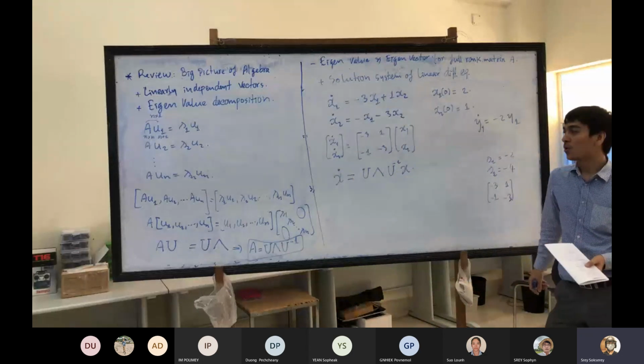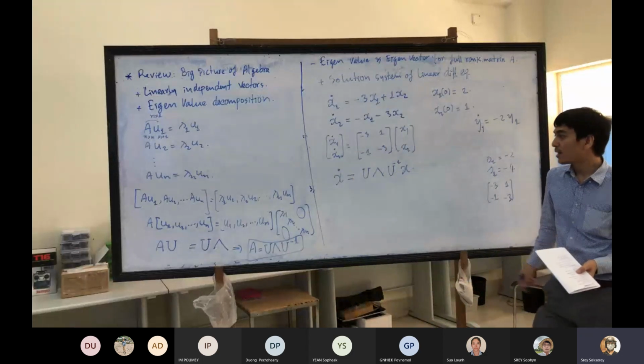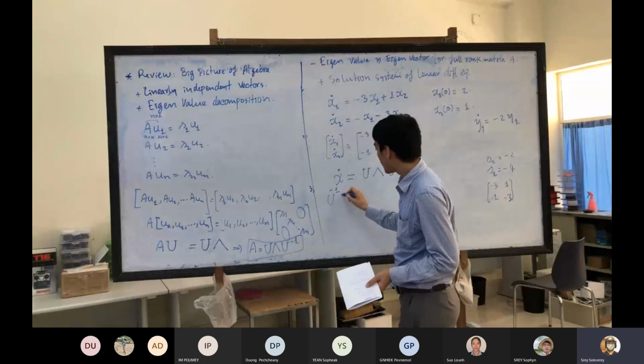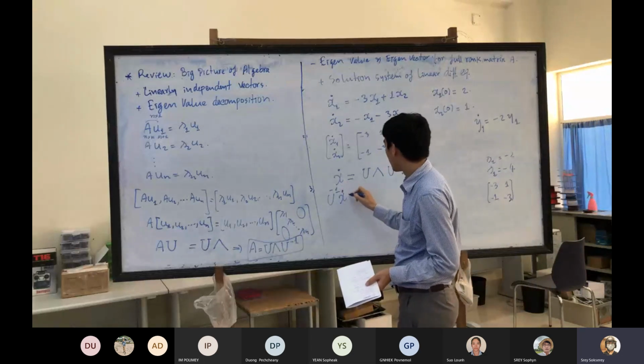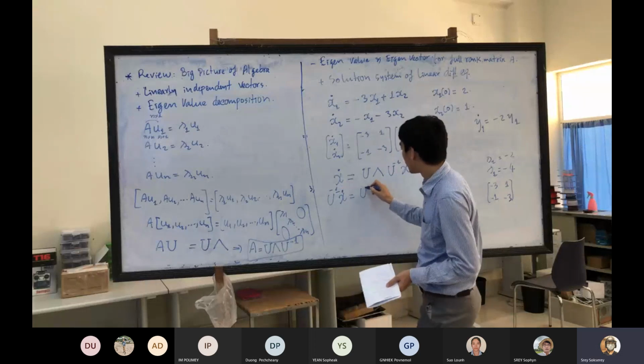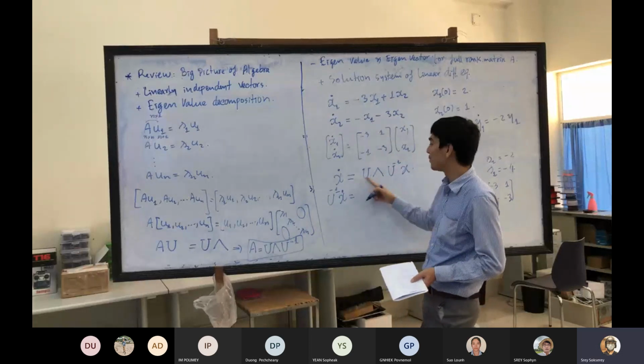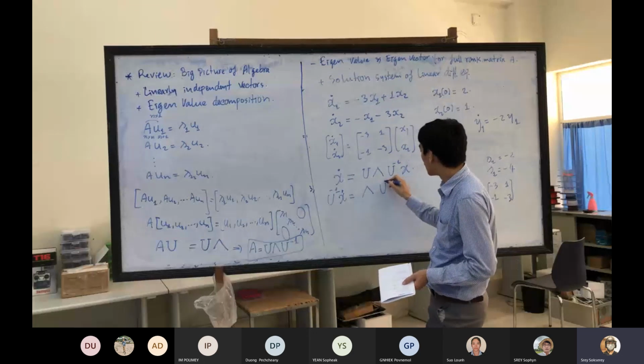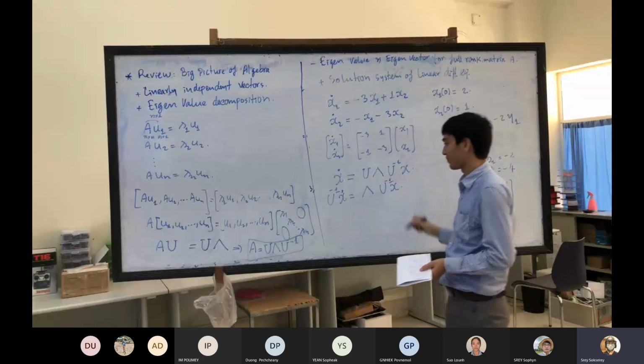Then what can I do with this? Now I multiply by U inverse. U inverse times x dot here equal to U inverse U, combine this. So now I have lambda U inverse x.